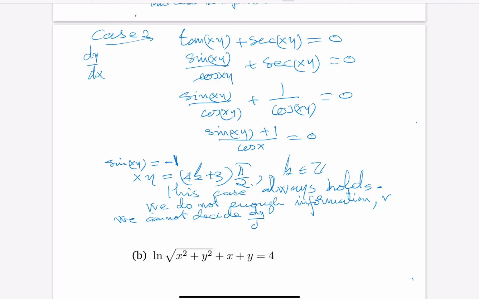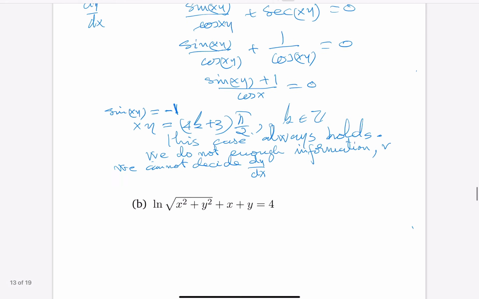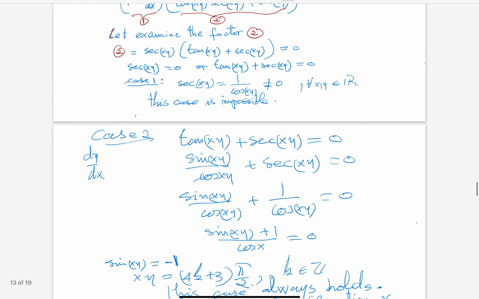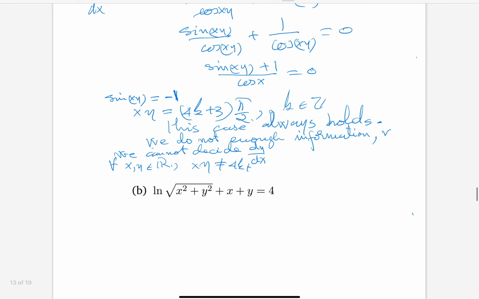Now, for all x and y in R, if you have x and y different to 4k plus 3 pi over 2. Let me write down the bottom so you can see.